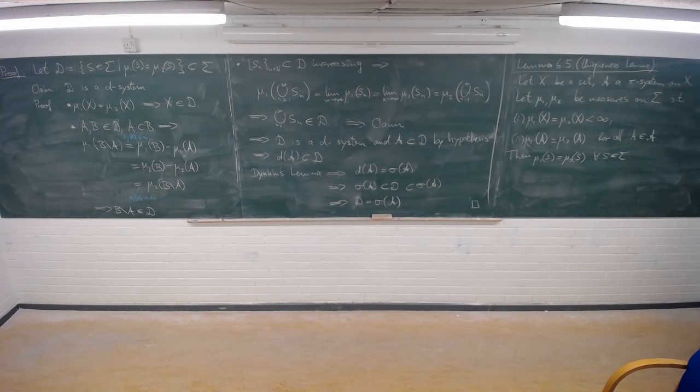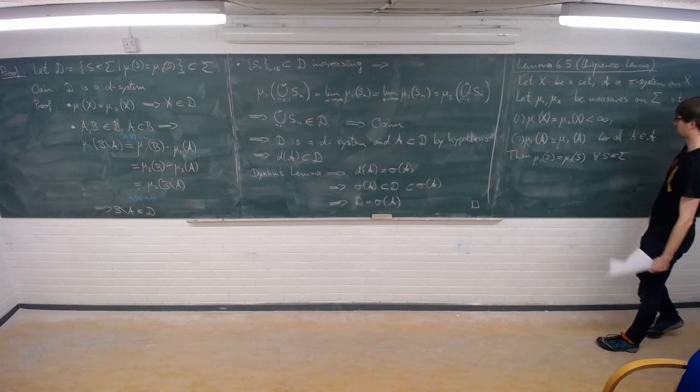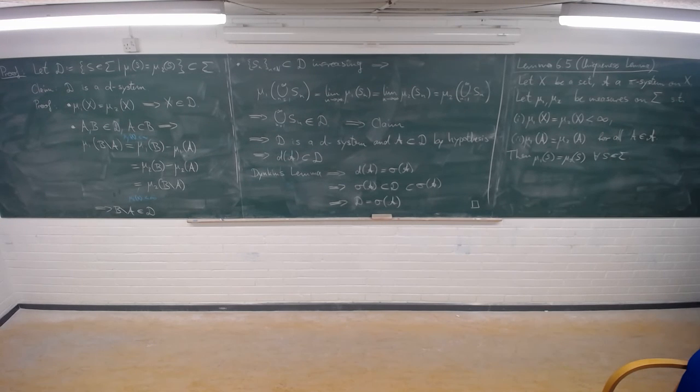Okay, so you just play around with these properties of D systems and pi systems, and suddenly you have this statement about uniqueness of measures, which is quite neat. Are there any questions about this proof?